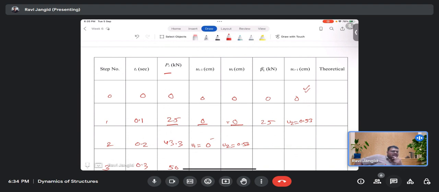Anyone can give me the P2 cap value from this? Anyone? 82.0854. Okay.